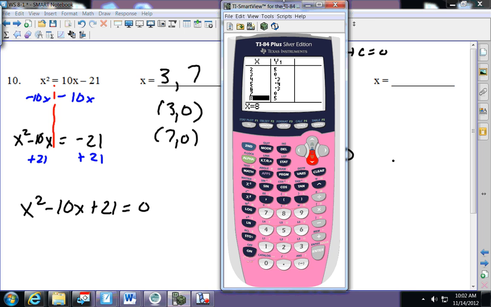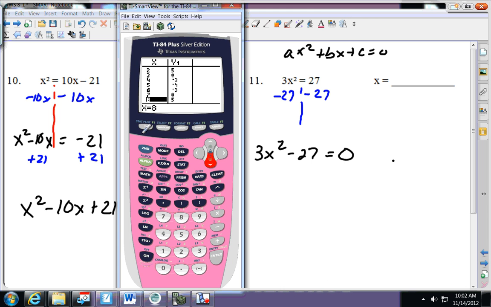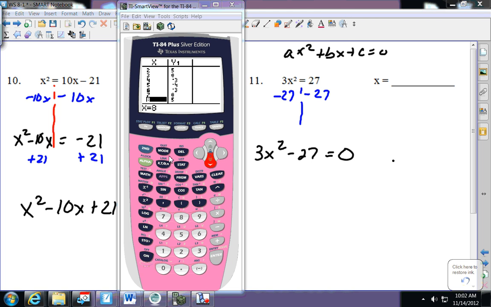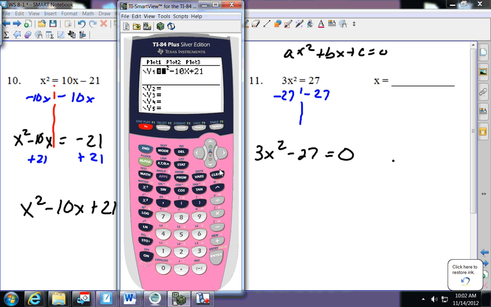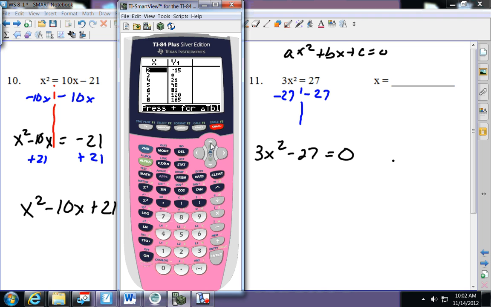Go in the calculator. Put in there 3x squared minus 27 and press graph. Well, it looks like it crosses at -3 and +3. Second graph.